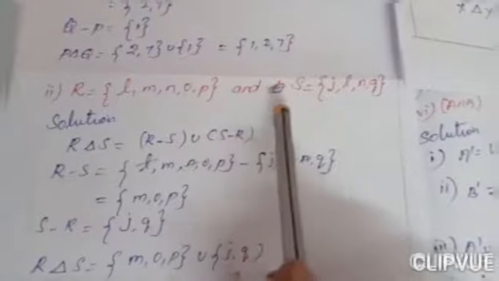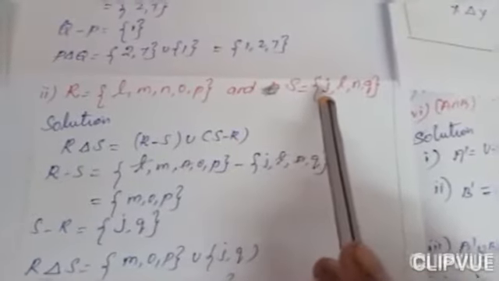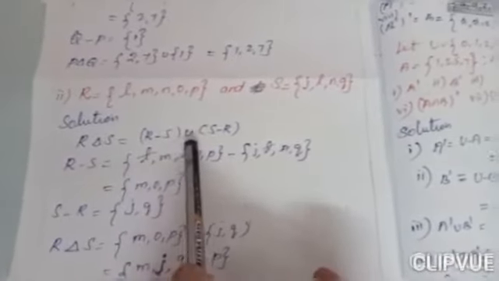The next question: R equals L, M, O, P and S equals J, L, M, Q. R symmetric S equals R difference S union S difference R. First we will find R difference S. Write the elements of sets R and S. After that cancel the common elements.